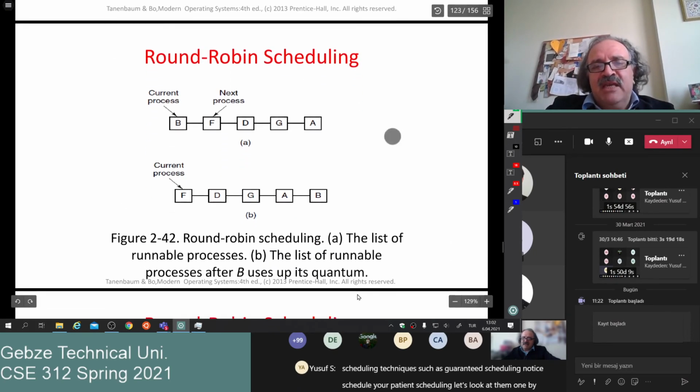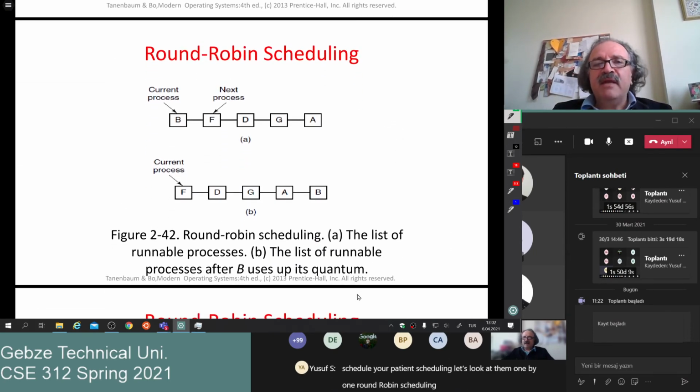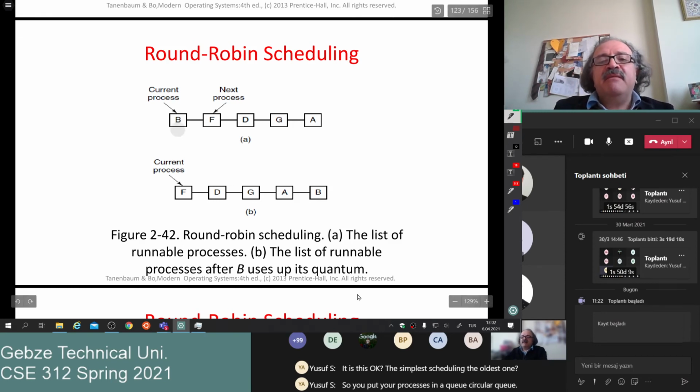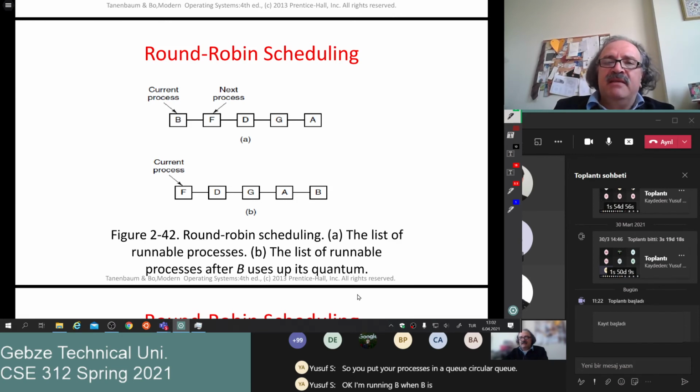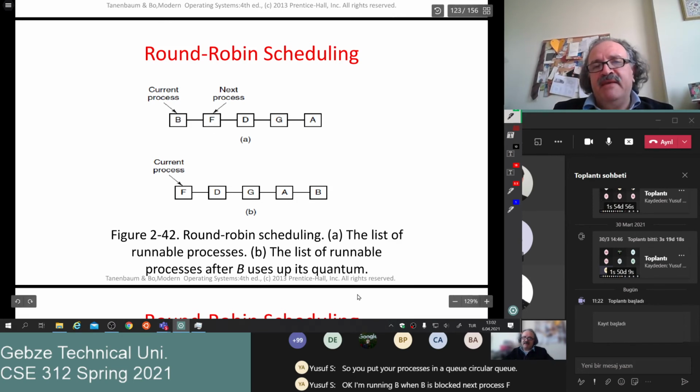Round robin scheduling. It is this. Okay, the simplest scheduling, the oldest one. You put your processes in a queue, circular queue. Okay, I am running B. When B is blocked, next process F will be handled.